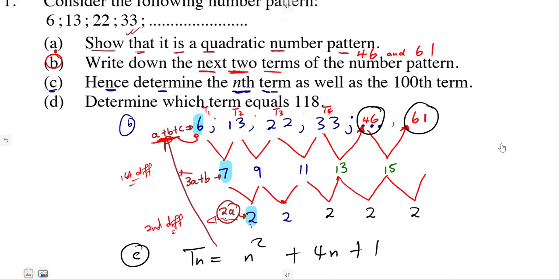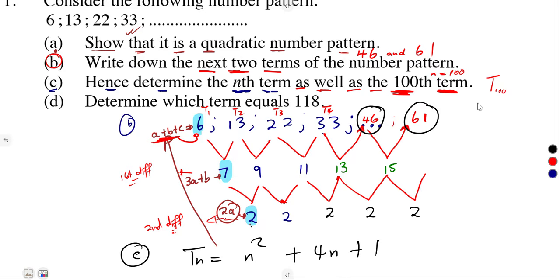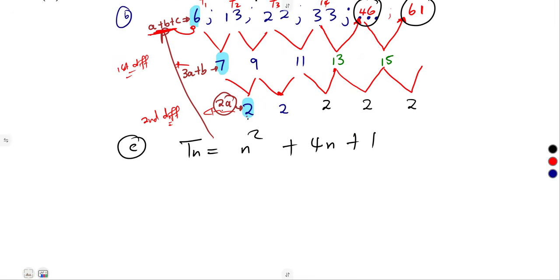From there, there is also another question here because they are asking for the 100th term. When n is equal to 100, what is the value of Tn? What is the value of T100? That is what they are asking you there. As a continuation, our Tn is already there.